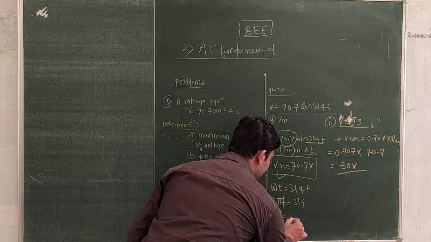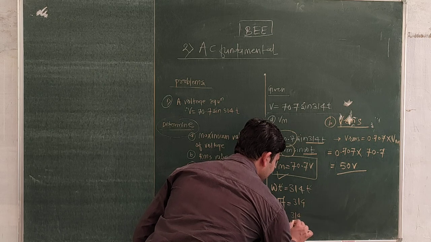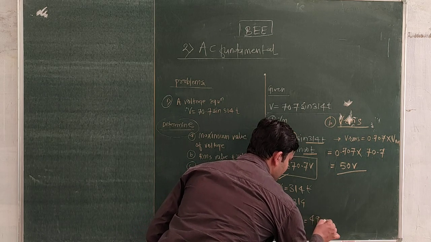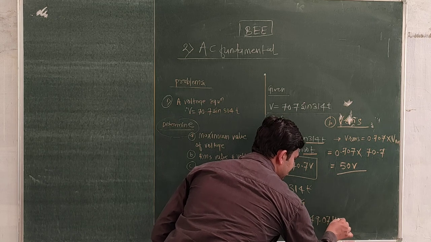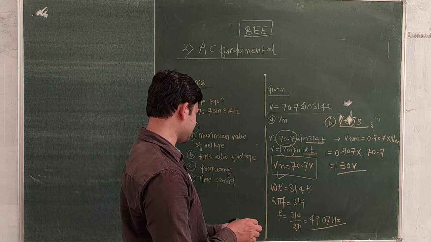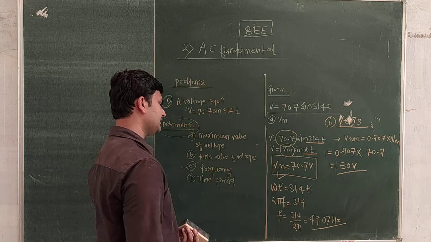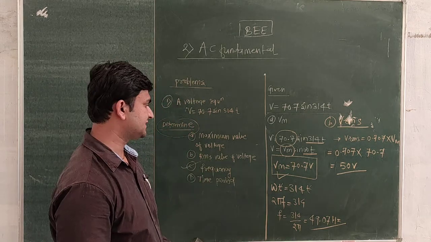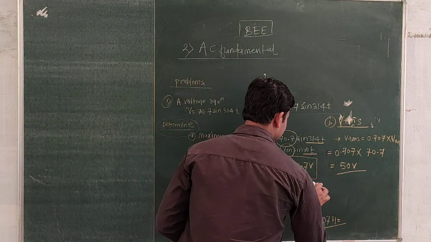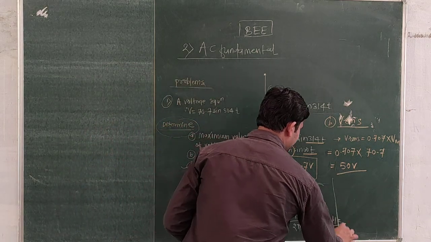So f is equal to 314 divided by 2 pi. What will be the value? 49.07 hertz. This is our third quantity, the frequency. So we have calculated the frequency.